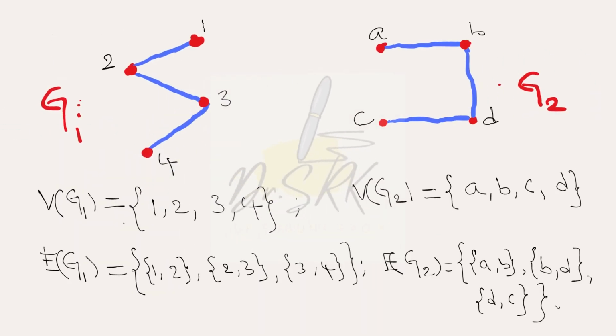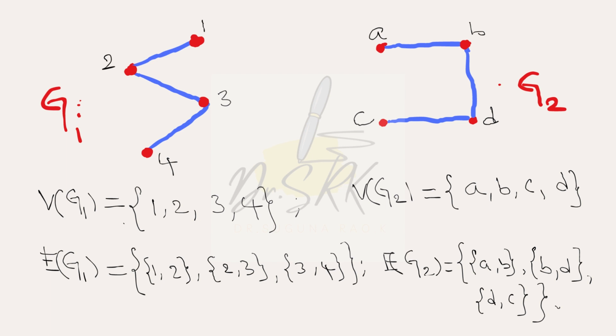Look at the vertex 1 in the first graph G1. Degree of 1: only one edge is incident at 1. That's why degree of 1 is 1. Degree of 2: there are two edges incident on the vertex 2. That's why degree of 2 is 2. Degree of 3 is 2. Degree of 4 is 1.